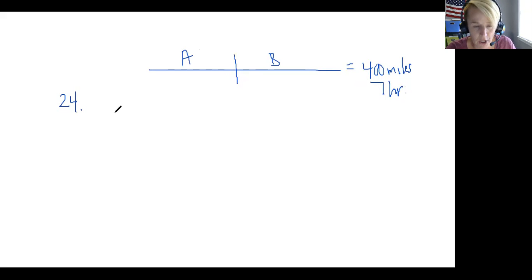Remember, when you talk about distance, you're looking at rate times time. In this particular situation, I have this distance that I'm going to have to add to this distance to get this total.